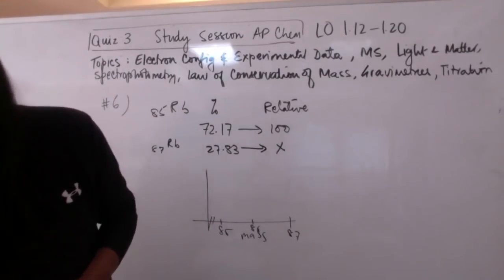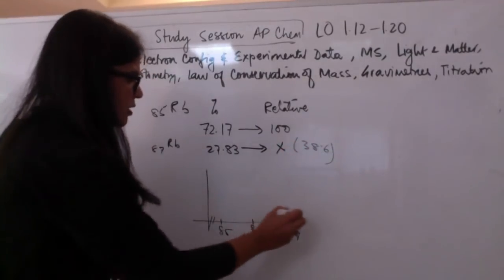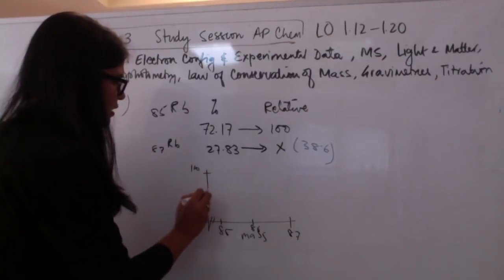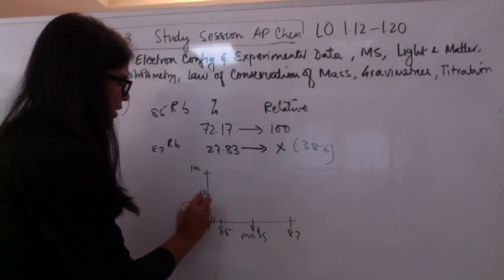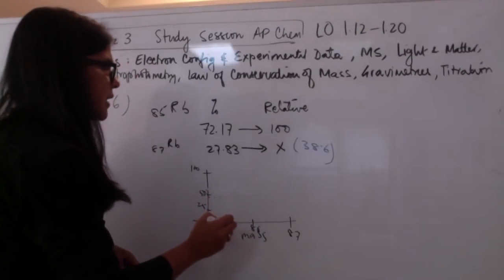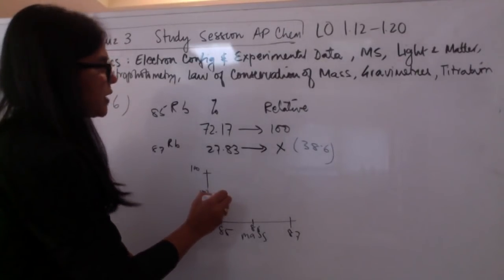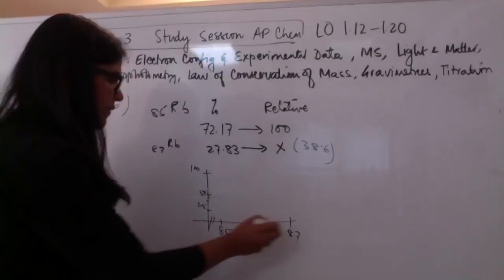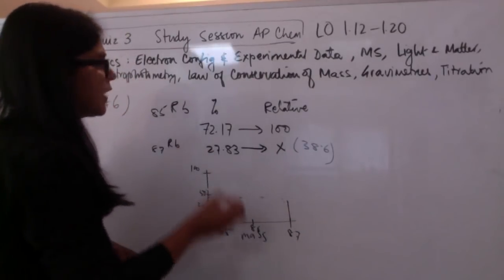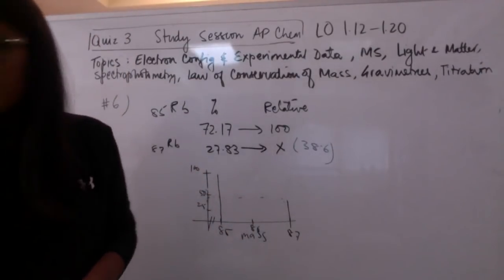So at 38.6, somewhere, 25, somewhere in between here, and that is the 87. So 87 isotope somewhere here, and 85 isotope at 100. That's how the graph will look.